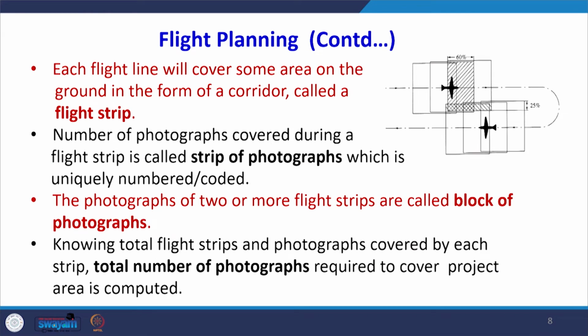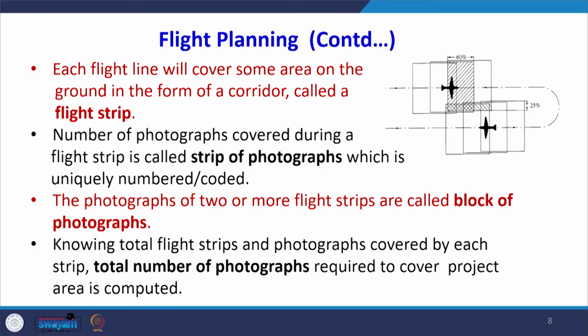Now, each flight line is called a flight strip on the ground, and each strip has a number of photographs. A strip of photographs will be there in each flight line. The photographs of 2 or more flight lines, all together, I will call the block of photographs, the bundle of photographs.